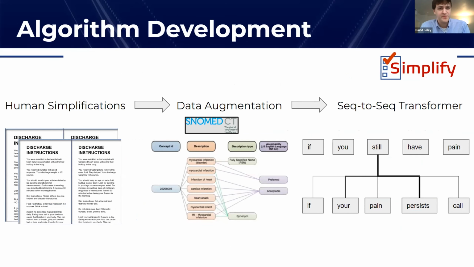So the algorithm is developed in the following way. This is a hybrid AI system that uses both rules-based text substitution and text clarification and an artificial intelligence sequence-to-sequence transformer model. And all of this is trained on discharge instructions that are simplified by human translators, let's call them. So this is trained as a machine translation task.